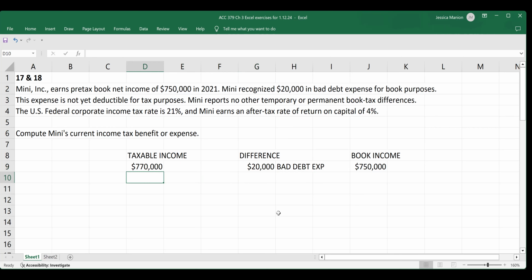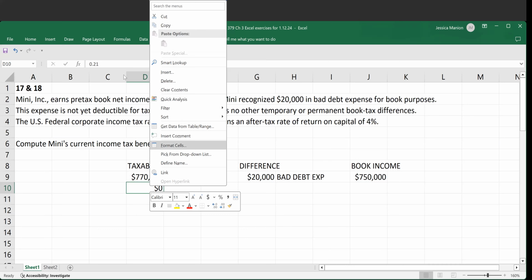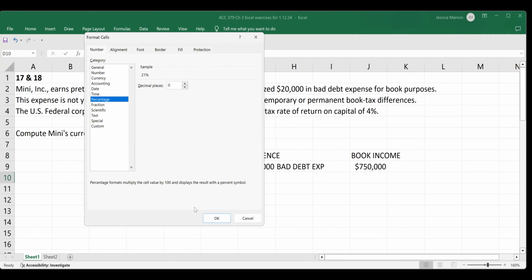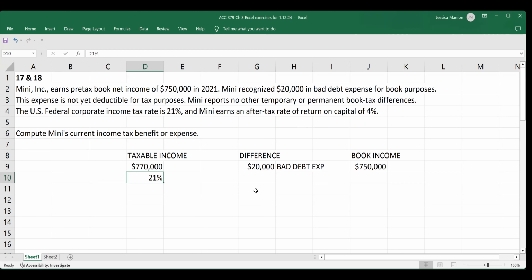All right, so now we just multiply each one of these by 21%. Did someone have a question? No? I know sometimes it picks up background noise. I changed this to currency and forgot that this is actually a percentage. So 21%.